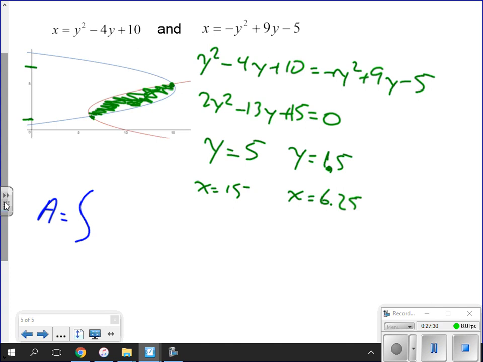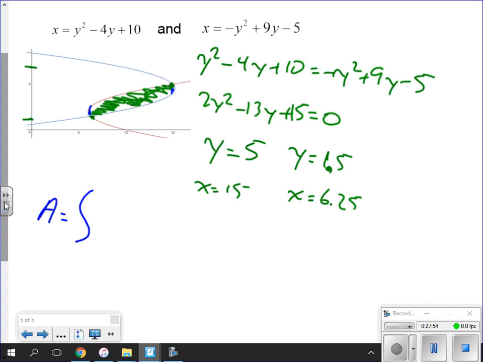Let me explain. If I do this in terms of x, I've got a little problem right here where the same curve provides the top and bottom of my area. I can never have that be where the same curve is the top and bottom. I also have the same thing kind of going on right over here on the edge. The same equation provides the top and bottom of my area.